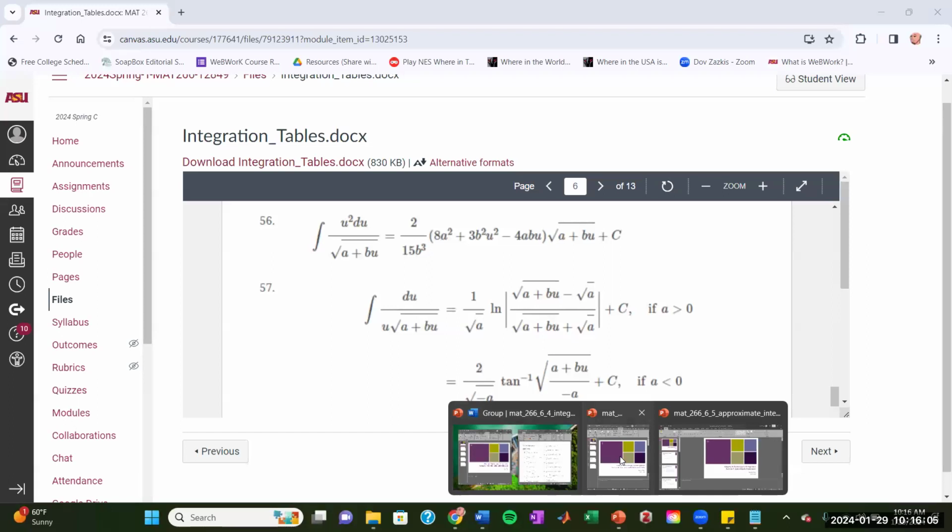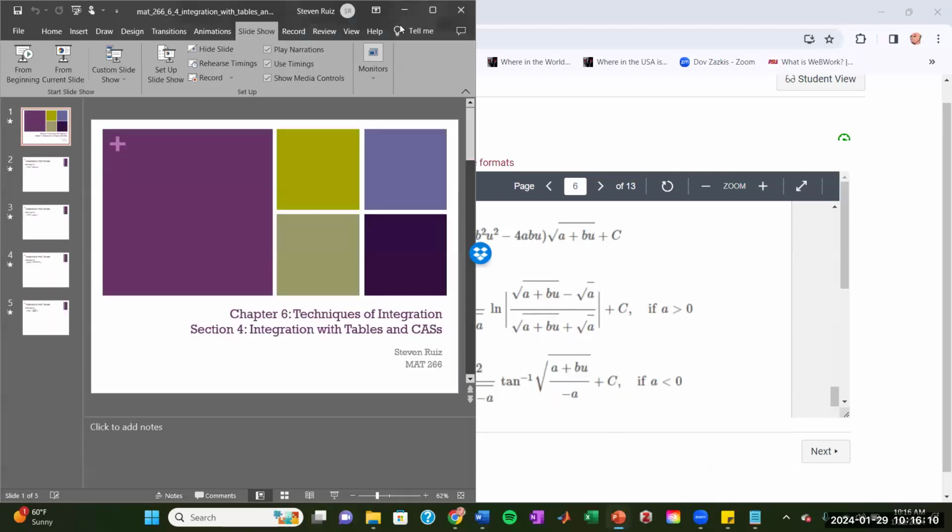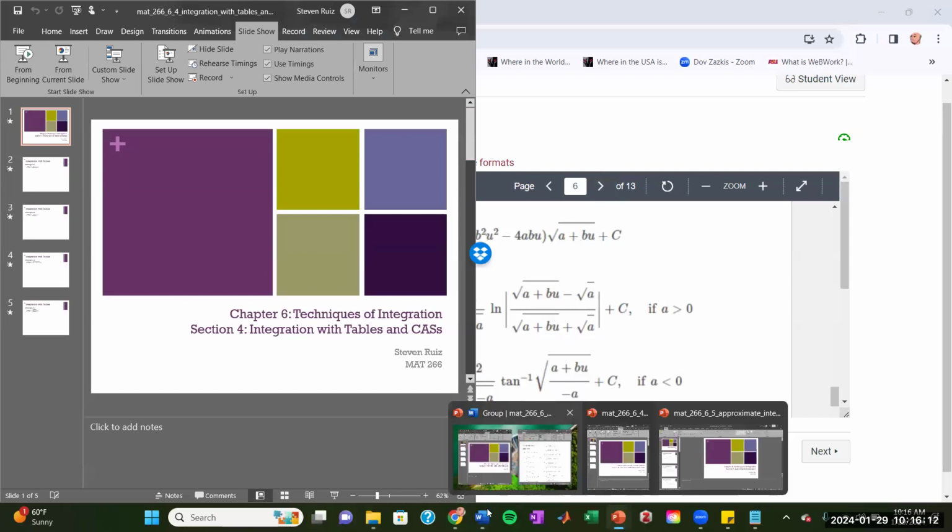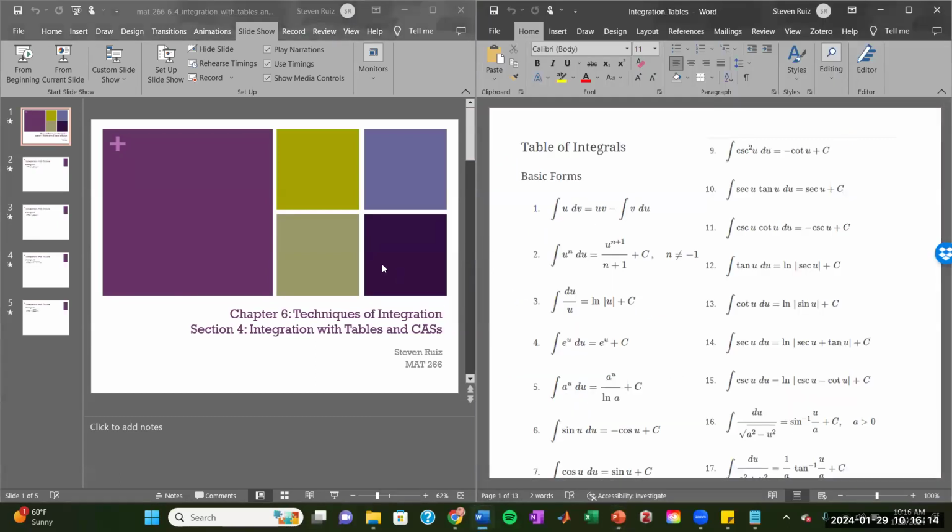All right. Anything else? All right. So section 6.4 is all about a couple of things: integration with tables and integration with CASs, which are computer algebra systems. There are some handheld calculators, like TI makes some, that can solve equations and do integrals for you.